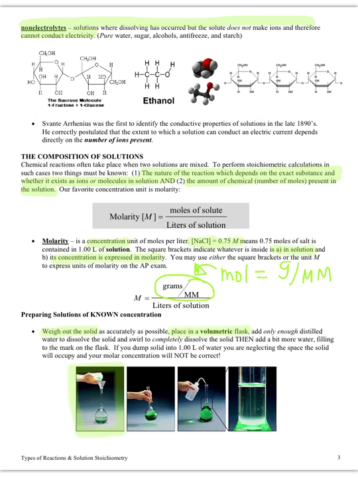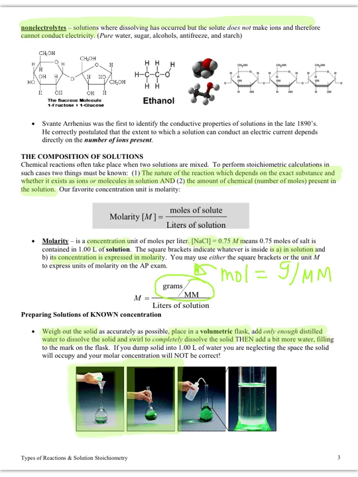Step number 3, add only enough distilled water to dissolve the solid and swirl to completely dissolve this solid. And that's what's happening in picture number 2. A small amount of water has been added. You gently swirl that volumetric flask around until your solid completely dissolves, and now you're ready for step number 4.